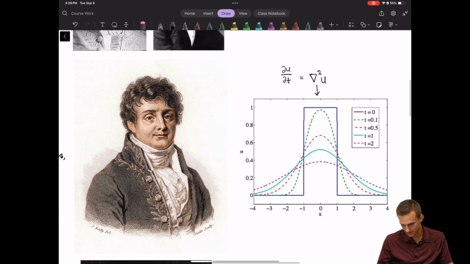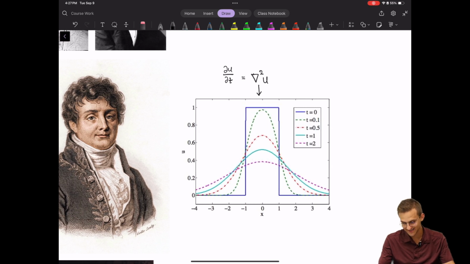You can see what the heat equation generally does here. Like I said, this is a bit of a preview, because we're actually going to solve these partial differential equations later on in the class.